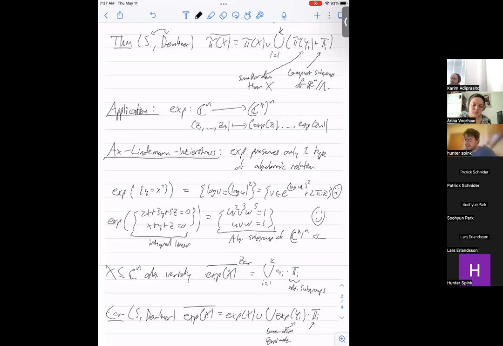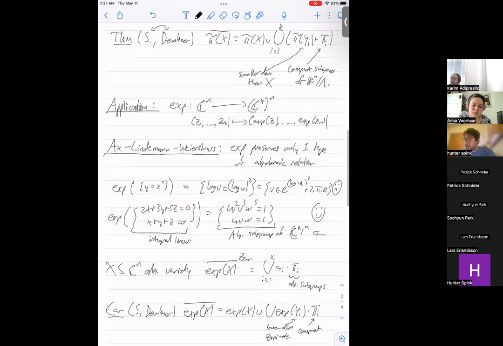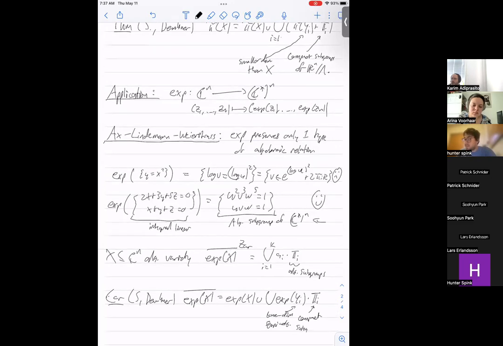And these T_i are compact subgroups of (C*)^n. So you end up with a situation where, surprisingly, even though X is complex analytic and you start with a complex variety, the real numbers actually do come in. There are examples where they're required to come in.